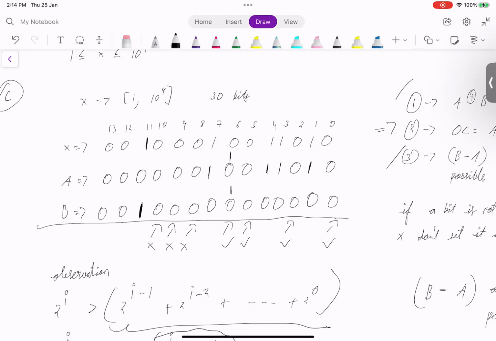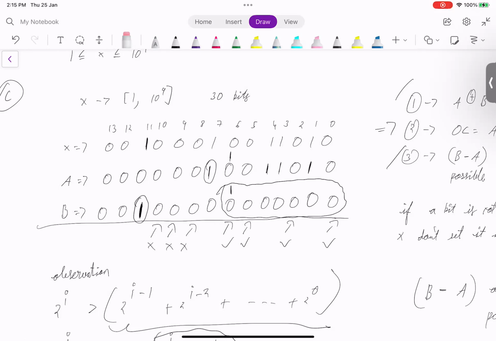Why? Because the first MSB is present in B and the next MSB is present in A, right? So the first most significant bit is present in B, the next most significant bit is present in A. Now, as the second most significant bit is not present in B, though I make all bits set which are smaller than the second most significant bit, still B value won't exceed X, right?